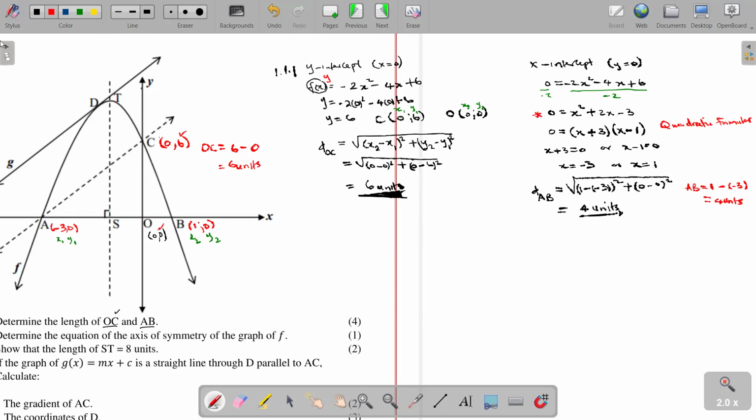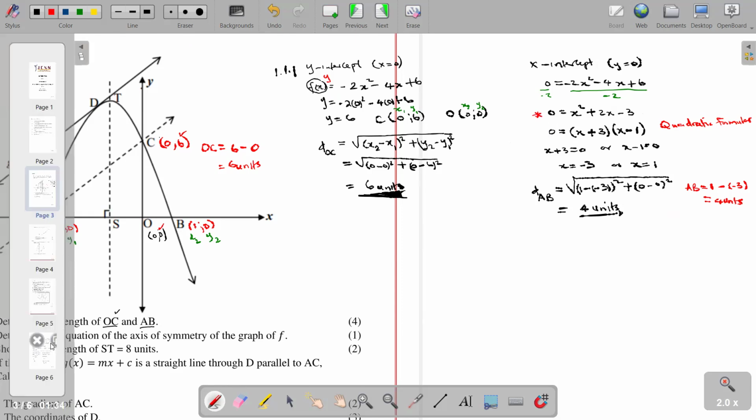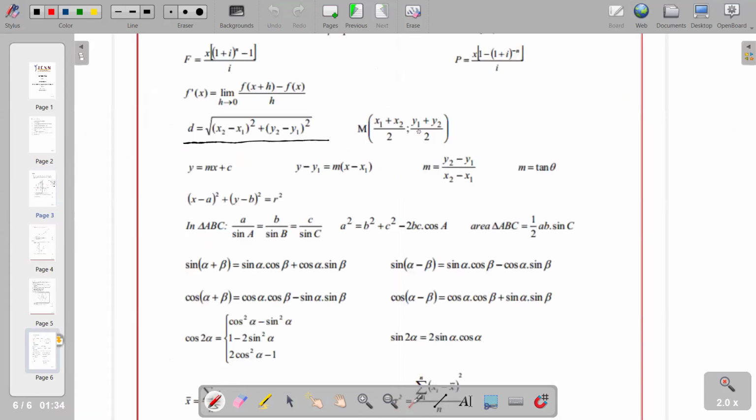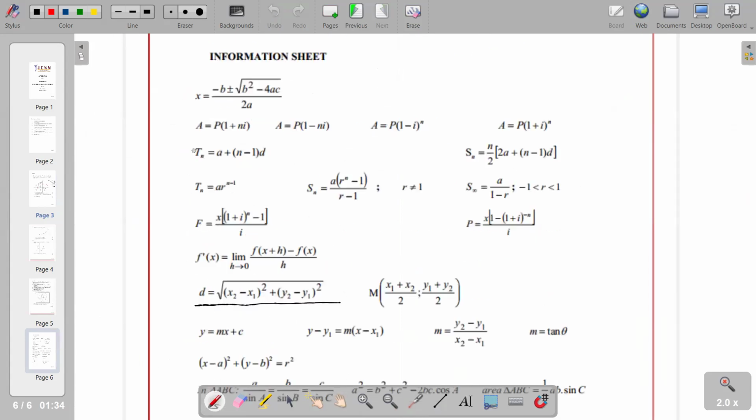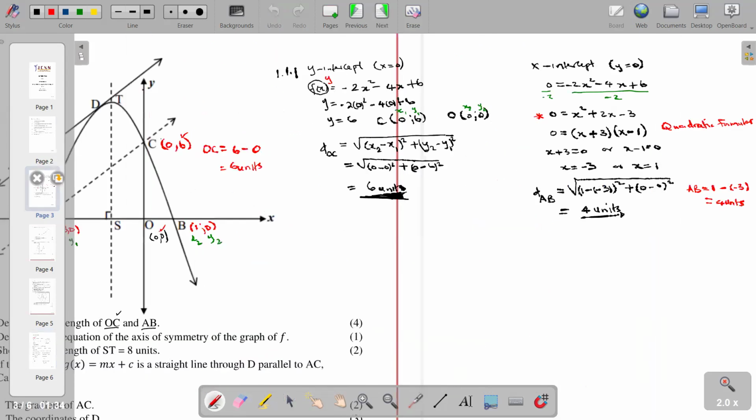And where are we having the quadratic formula? If we go to our formula sheet, here is our quadratic formula. You have to familiarize yourself with the formula sheet. Here is the quadratic formula, the first formula on our formula sheet. Make sure that you copy it correctly.